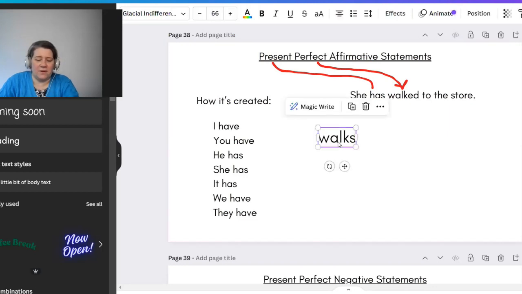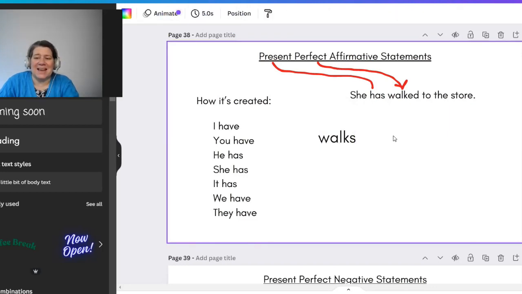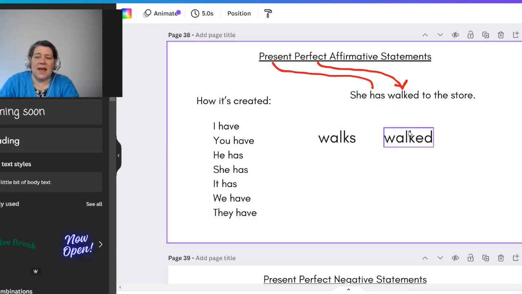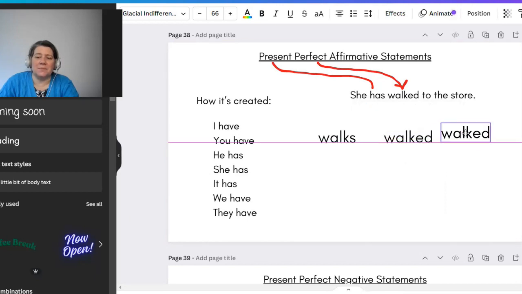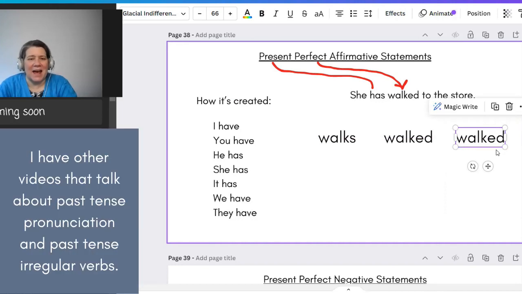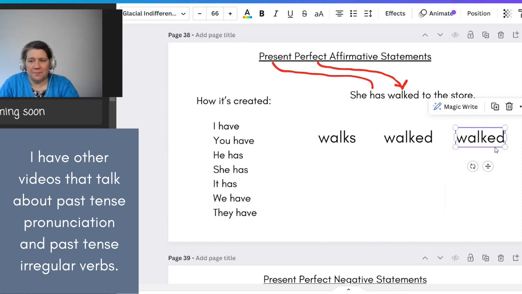We have the past tense, simple past tense would be walked, and the participle is walked. That's the perfect participle, and it looks the same as the simple past, okay? It's called the past participle. Walks, walked, walked for regular verbs.